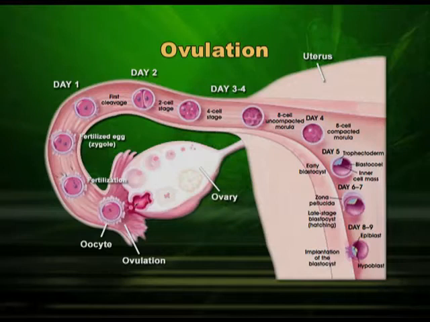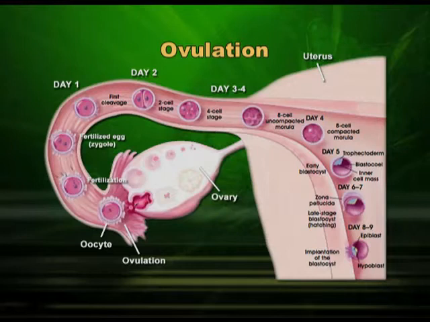But if it is fertilized, you can see the 2-celled stage at the end of the 2nd day, and then the 4-celled stage towards the 3rd day, and then it is dividing further, because once the zygote is formed, division begins: 1 to 2, 2 to 4, 4 to 8, 8 to 16. By the time it reaches the uterus, the blastula which is formed, initially it is called morula because it looks like a mulberry kind of thing, and then it becomes round, it is called blastula, and it is like a ball of cells.